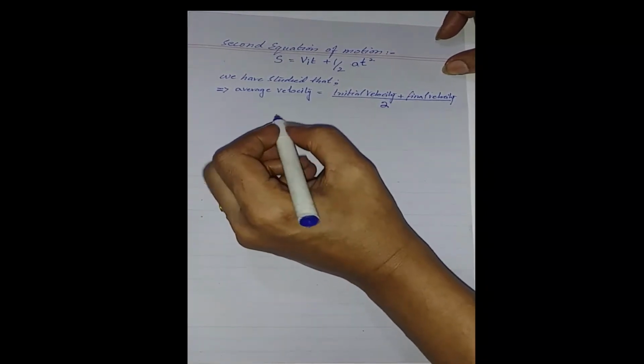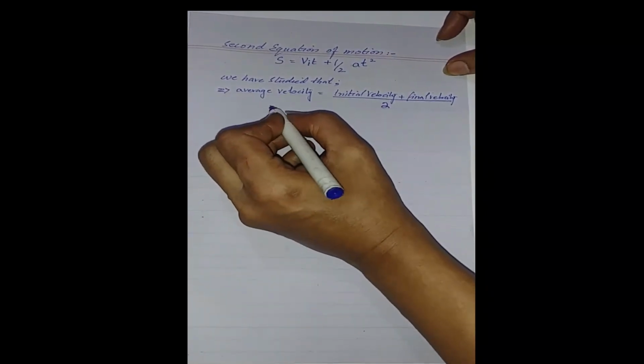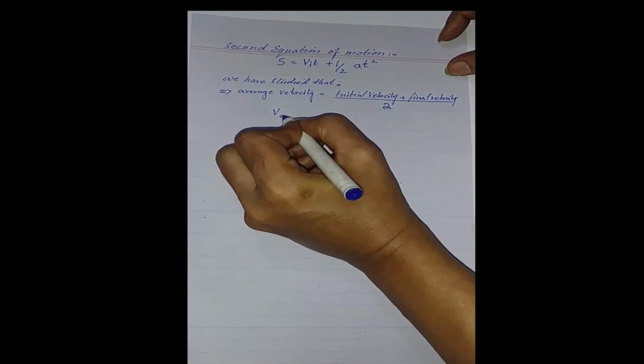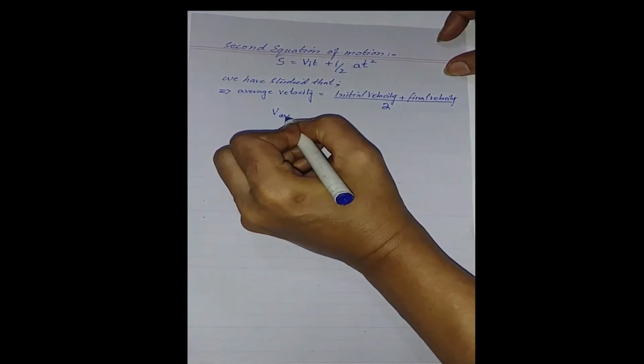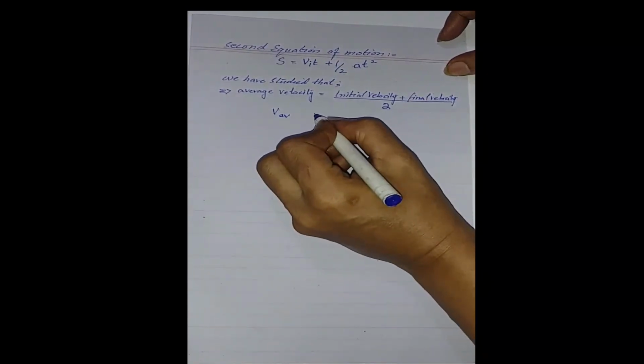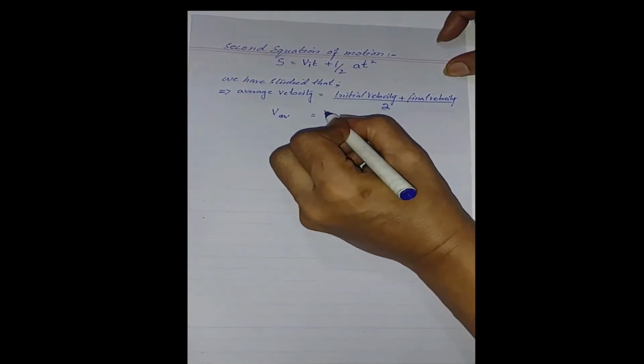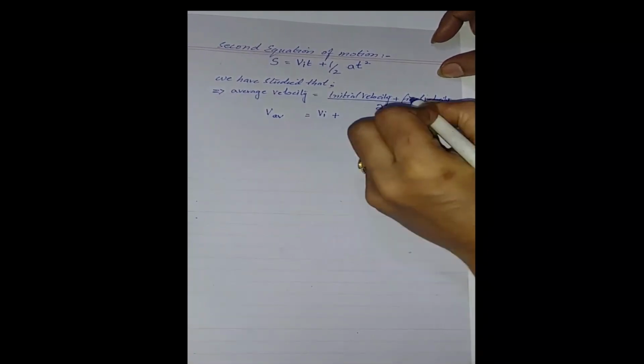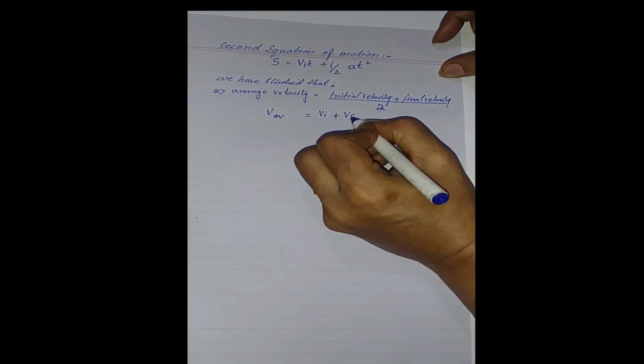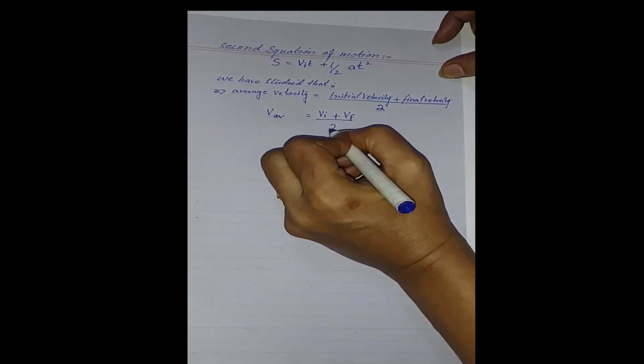The variable which we are going to use for average velocity is Va, A for average and V is the symbol for velocity. Initial velocity Vi plus final velocity, that is Vf, upon 2.